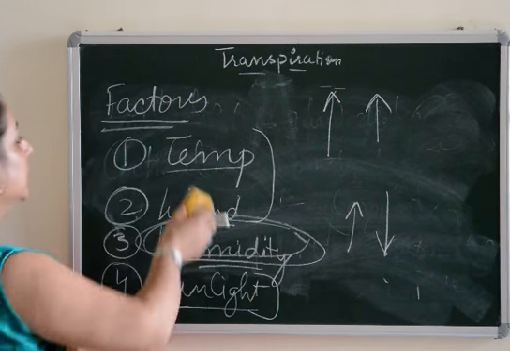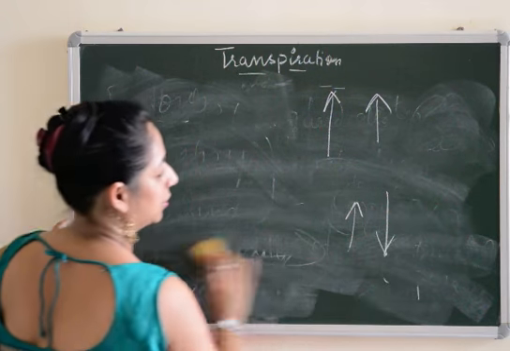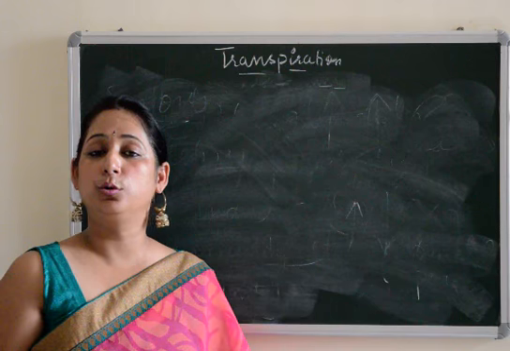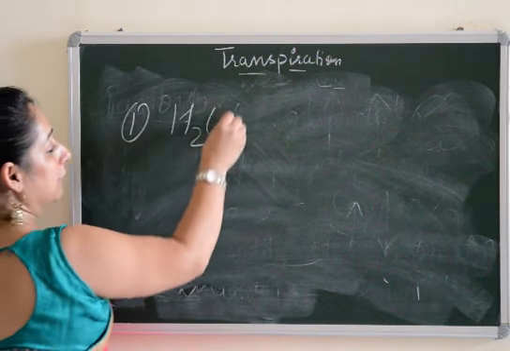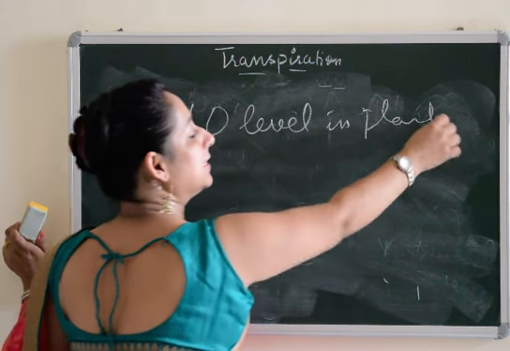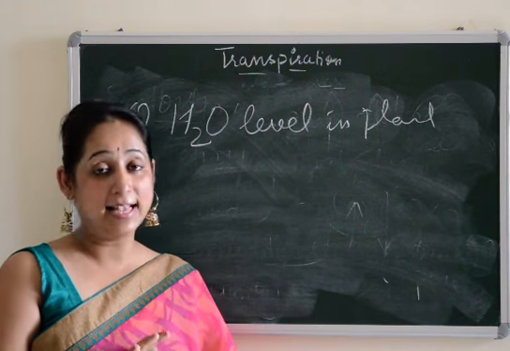Now what are the various advantages of transpiration? What happens in the plants due to transpiration? One is it maintains the water level in the plants. That is, if the water is excess, it is transpired out. If it is less, it is stored.